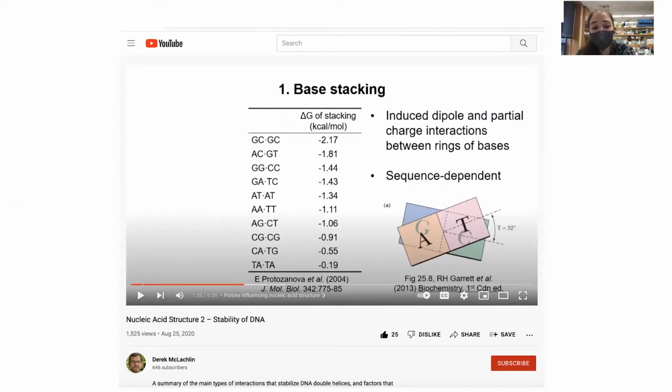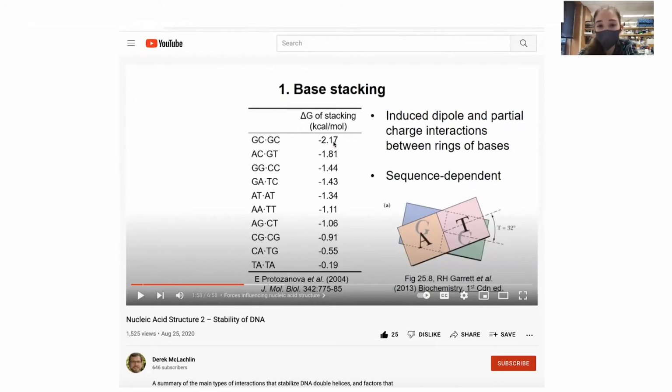And so I found this really nice video by Derek McLaughlin I recommend. From this study, what they were measuring was the delta G of stacking. So basically, what's the energetic benefit of having a stacking interaction, or how costly would it be to break it?